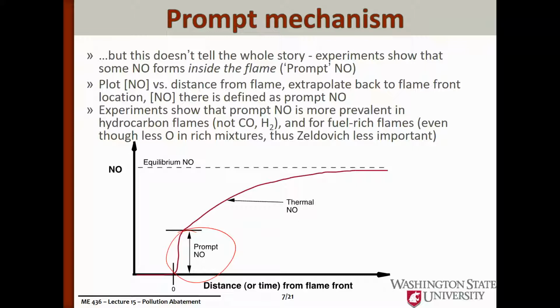When they got really good at mitigating NO production, and that's what we called thermal NOx production with the Zeldovich mechanism, they realized that the best they could do wasn't going to zero. And there must have been something else that was forming nitric oxide. So this is what we consider prompt NO, because it happens essentially instantaneously within the flame itself.